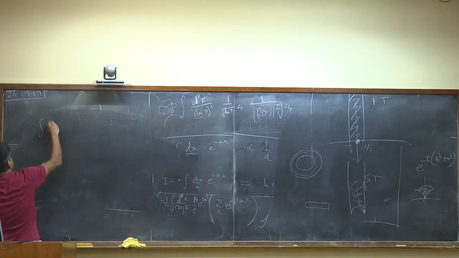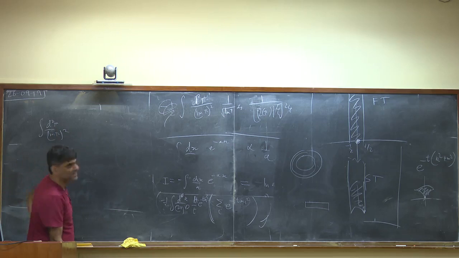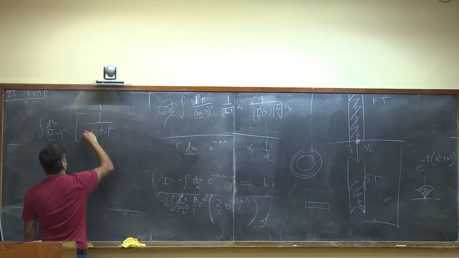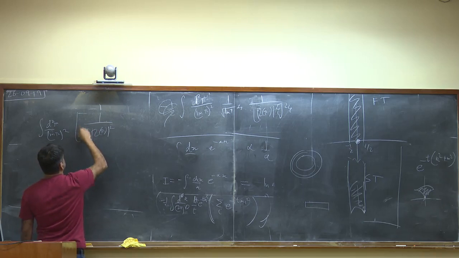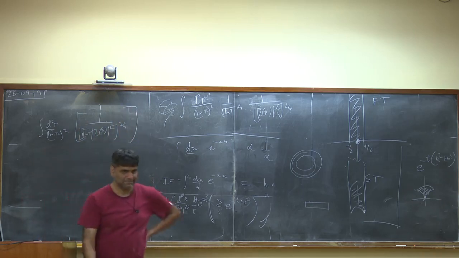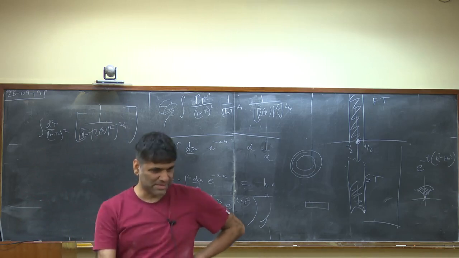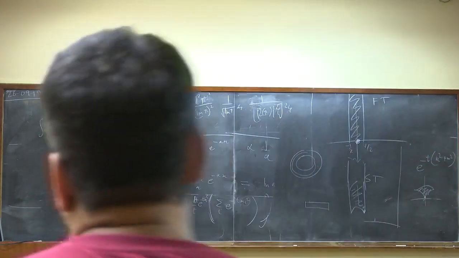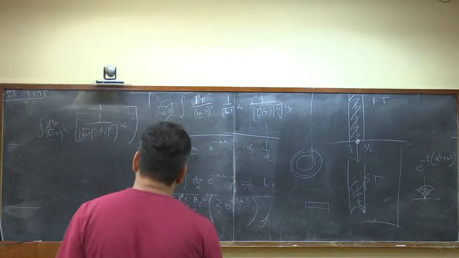So we've got d2 tau divided by im tau, the whole thing squared, times 1 over eta tau mod squared, square root im tau, to the power 24. Now, what we're interested in is what happens at very large imaginary values of tau.